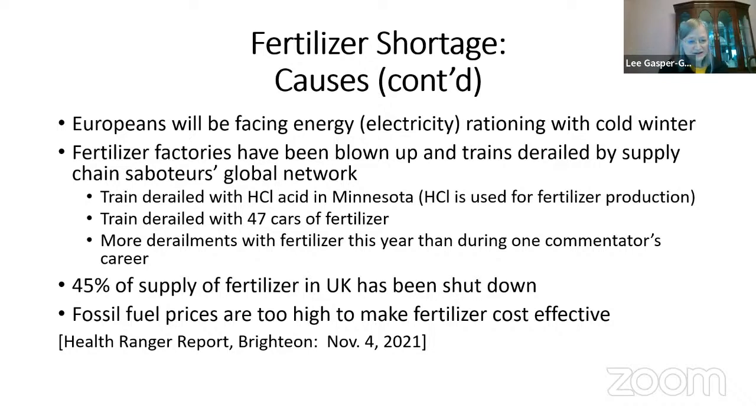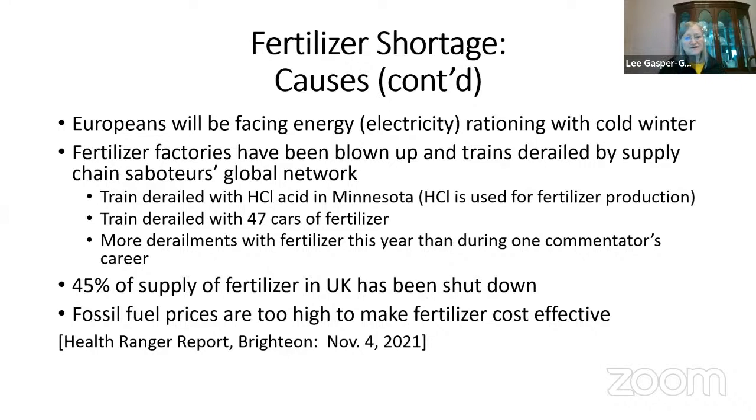There was a train derailed that had 47 cars full of fertilizer. All right, so that's a huge amount. And one of the commentators who has a career involved in this field said that he had seen more derailments with fertilizer this year than during his entire career.